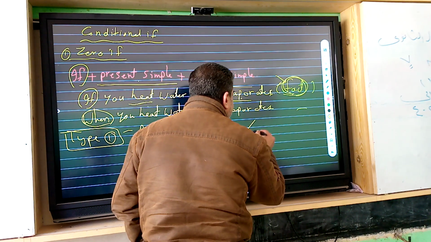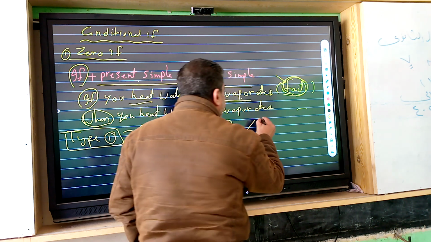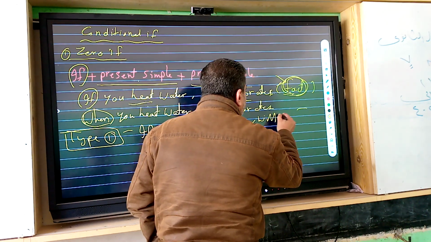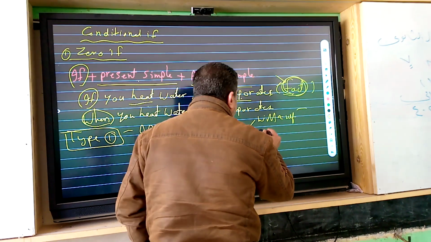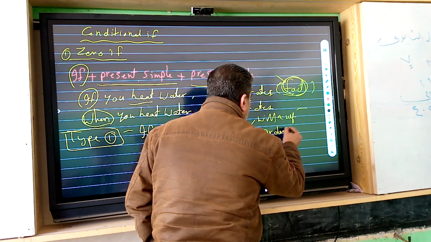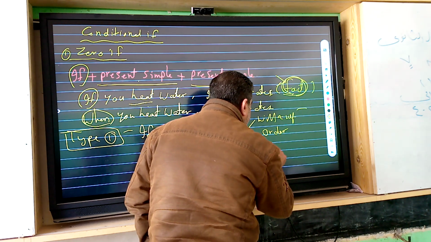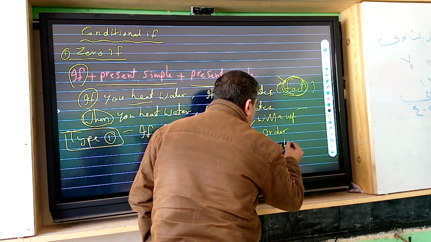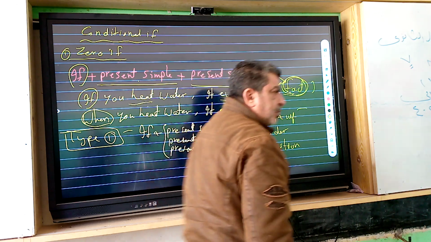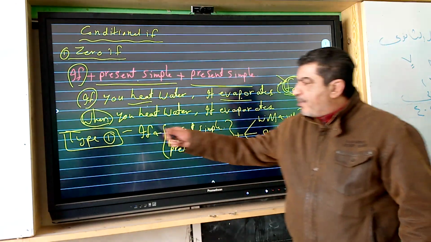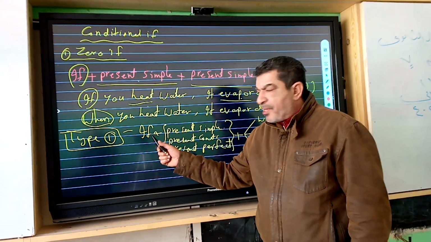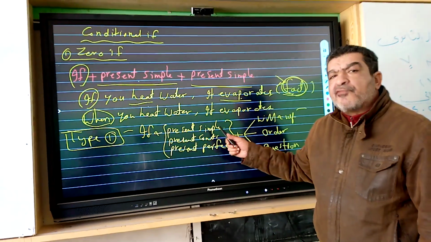The main clause can be in three different shapes. It can be will plus infinitive. It can be an order. It can be a question. And all are correct. So again, conditional if type 1, we use if as a conjunction, followed with the if clause.